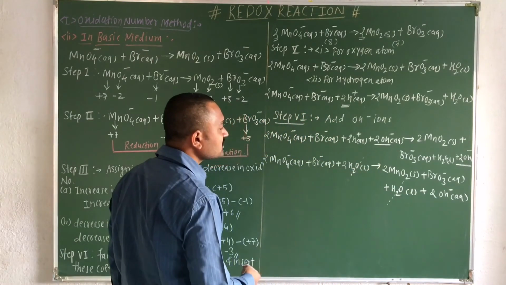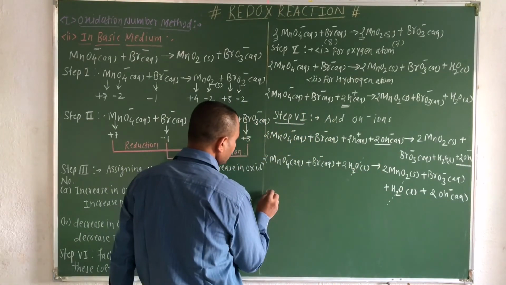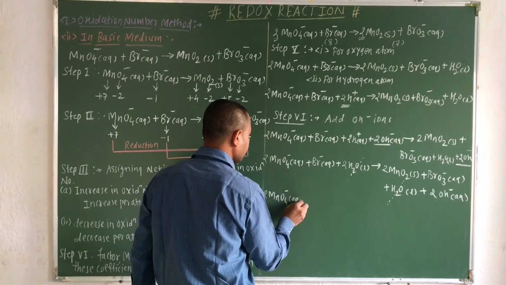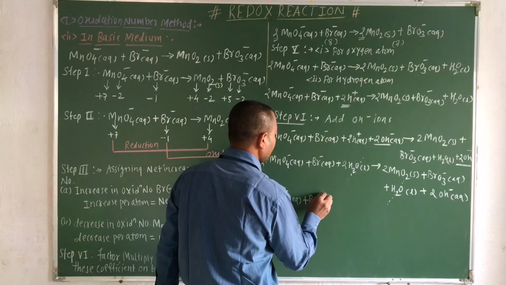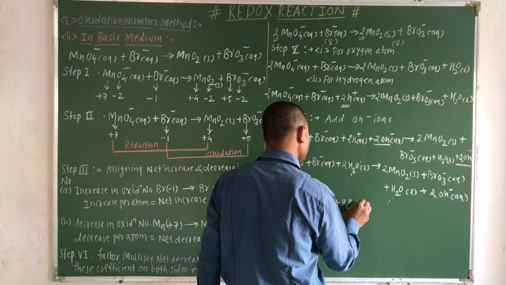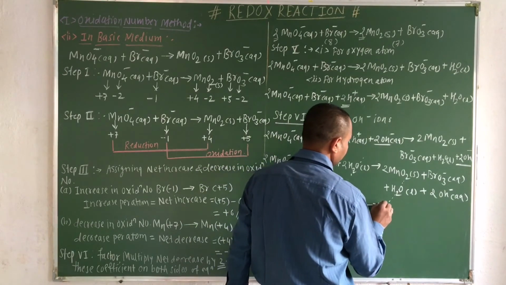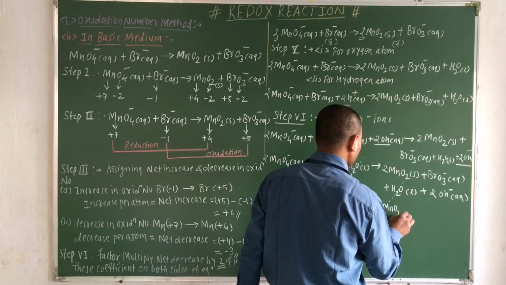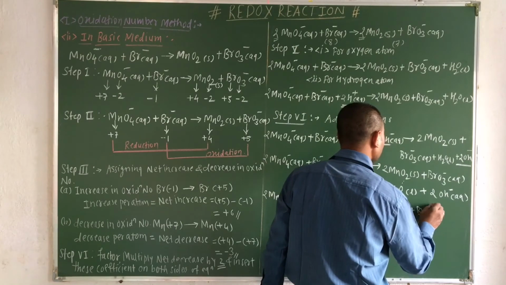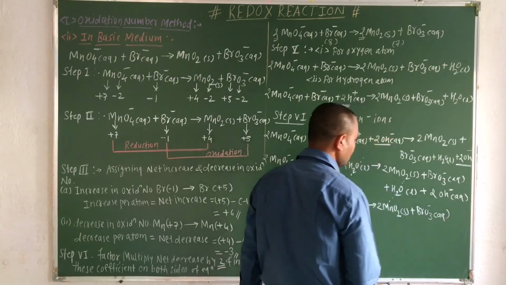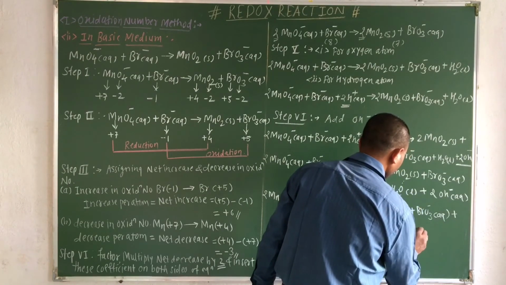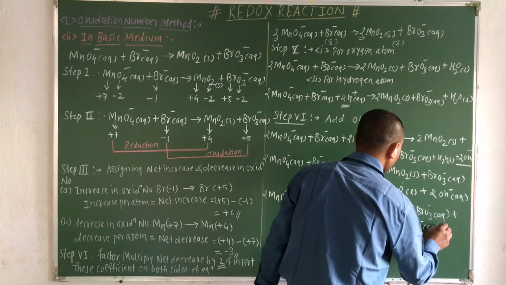And again the equation will be modified as 2 MnO4 minus aqueous plus Br minus aqueous plus H2O liquid gives 2 MnO2 solid plus BrO3 minus aqueous plus 2 OH minus ion aqueous.